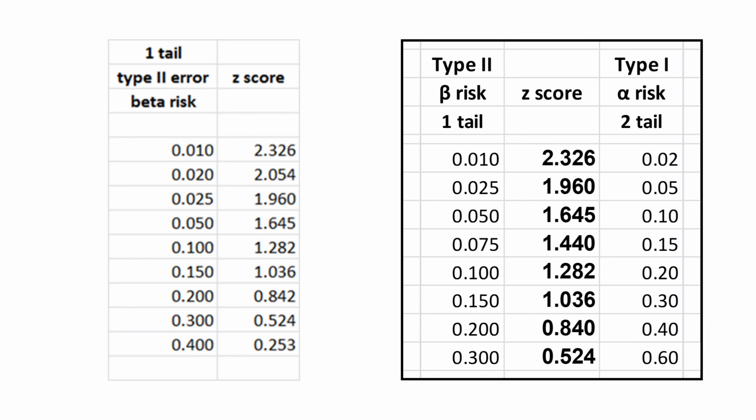You'll notice that the table on the right is the beta risk. Hypothesis tests are typically one tail, confidence intervals are typically two tail. So if we look at any one of those lines, we'll see that it's exactly twice as much.